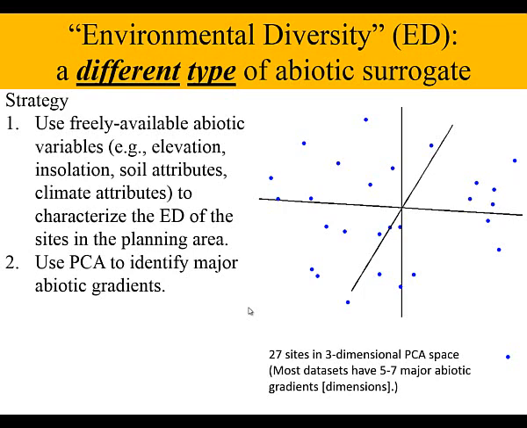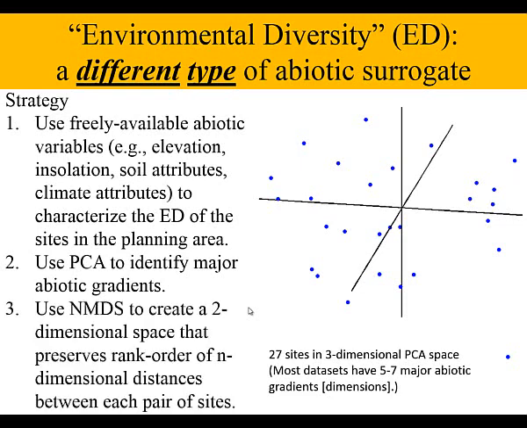Unfortunately, to use the next step in this environmental diversity approach, I need 2 dimensions. So now I have to collapse this 5D or 7D space down to 2 dimensions using NMDS, non-metric multidimensional scaling. Don't worry what that means. It just means we're collapsing multiple dimensions down to 2. The next slide will show this 3-dimensional space collapsed to 2 dimensions.